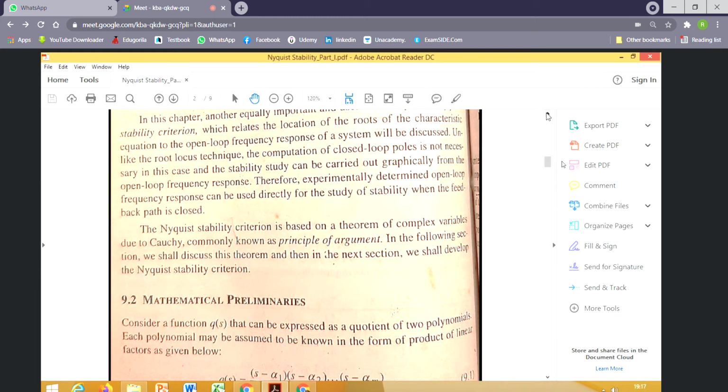And the advantage of the Nyquist stability criterion is that from the given open loop transfer function, we can find out the stability of the closed loop system. In this case, it is not at all required to solve the characteristic equation for finding out the locations of the roots on the S plane, right?